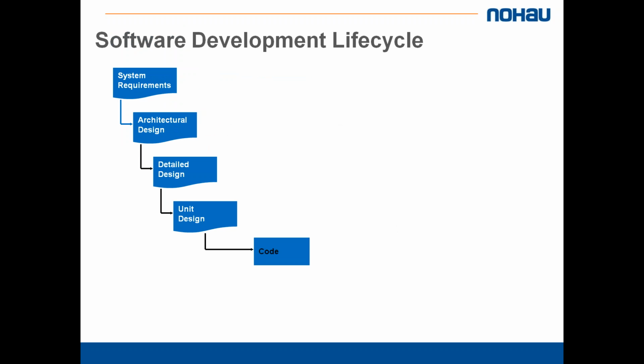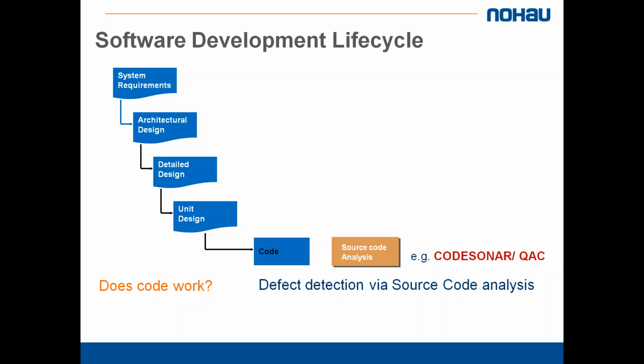Okay, let's look at the software development lifecycle. We do our design and create our code, and the first question we should ask before going ahead with any testing is really, does the code work? The smartest, automated way to do that is through static source code analysis and manual checking of the code.